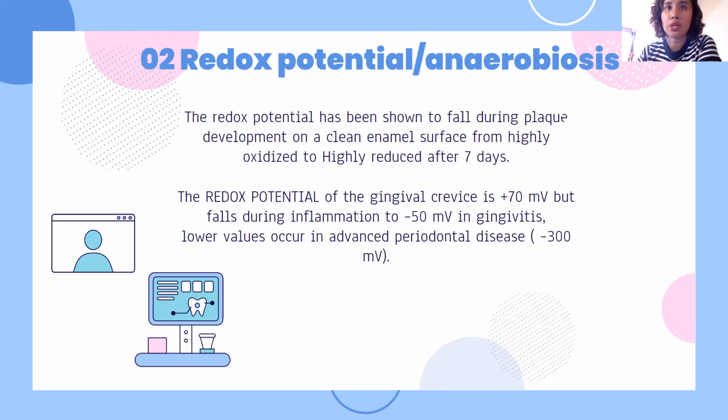So normally, guys, positive millivolts ang healthy individual and negative millivolts if there is periodontal disease. It falls in the cases of plaque development. Okay? So negative pag may plaque.